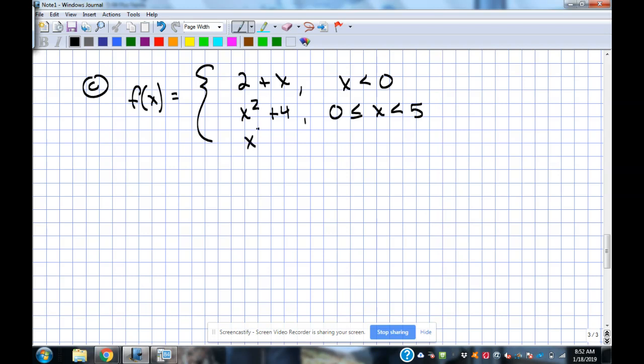And then let's do x cubed for x's that are greater than or equal to 5. 3-part. A linear, a quadratic, and a cubic. All right. Important point for part A. Zero, 2. Okay.